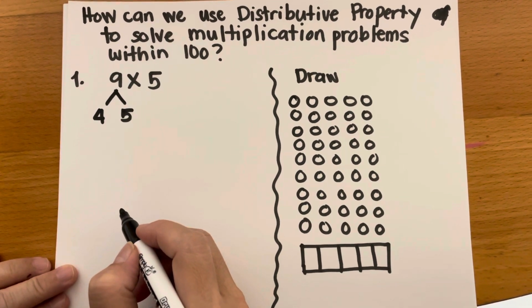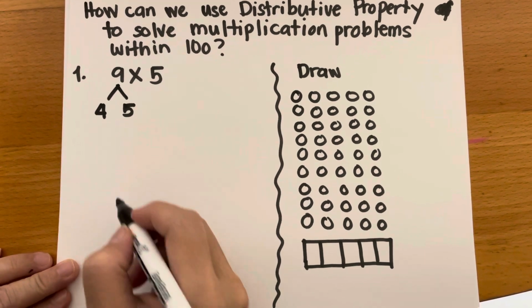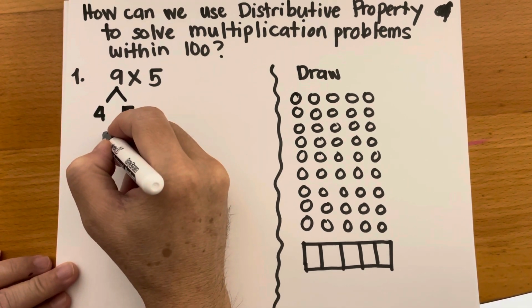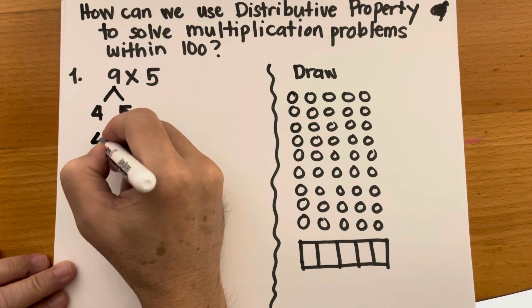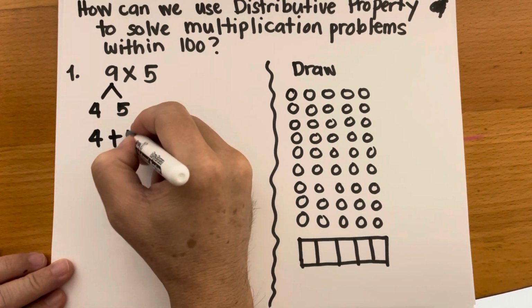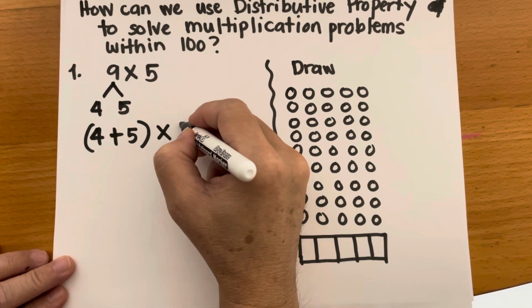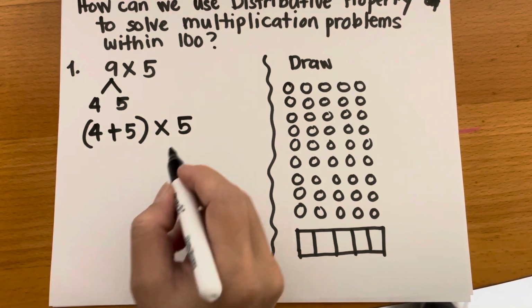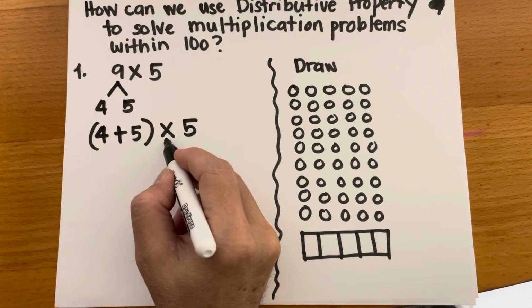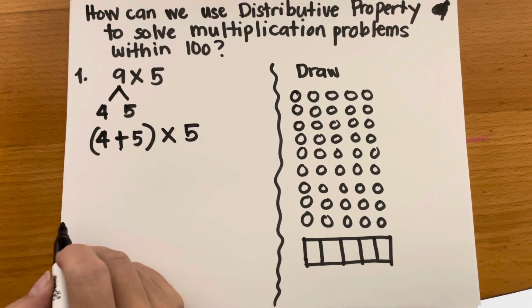Step number 2, make an equation. So you are going to draw the equation 4 plus 5 times 5. So multiplication over addition.